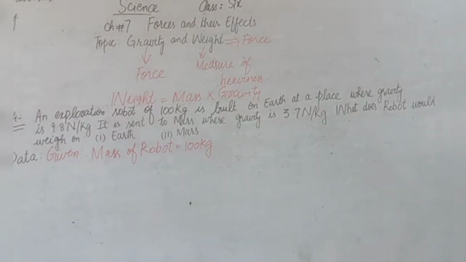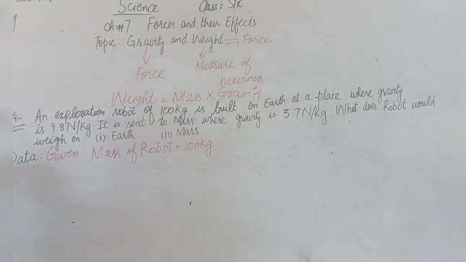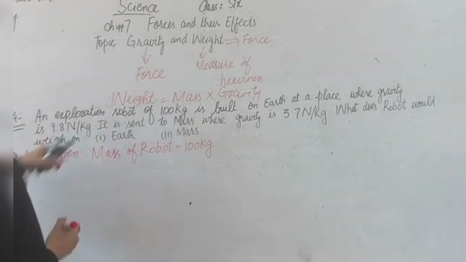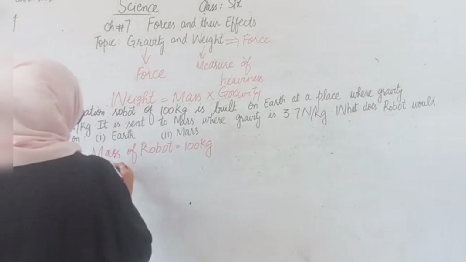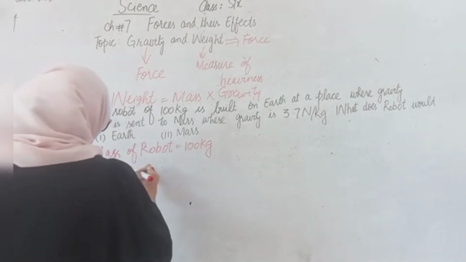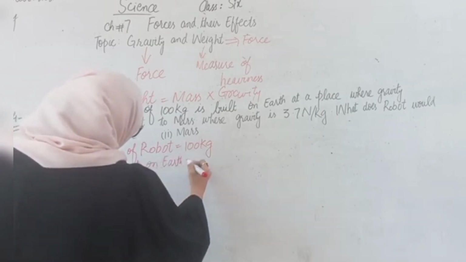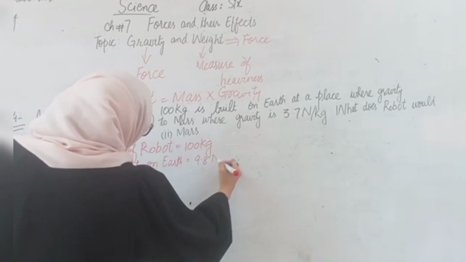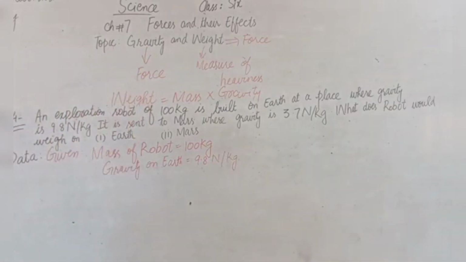At first we are doing the weight on Earth, so we will use the gravity on Earth, that is 9.8 Newton per kilogram. We will write the gravity on Earth: 9.8 Newton per kilogram.